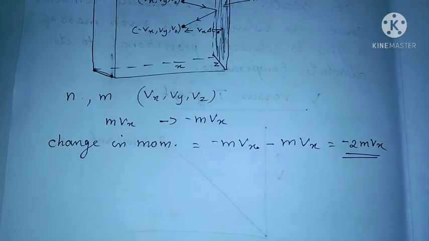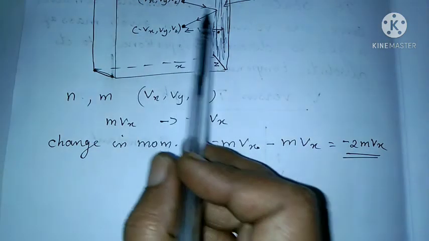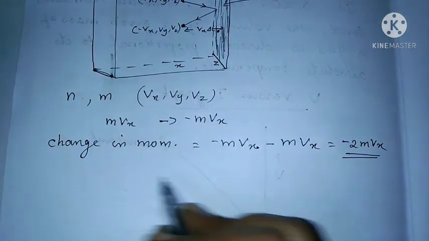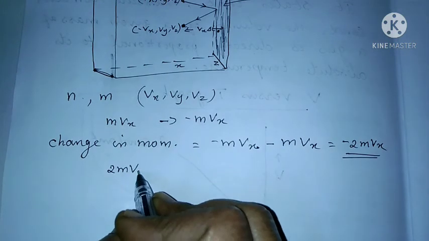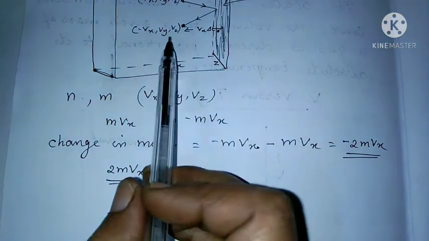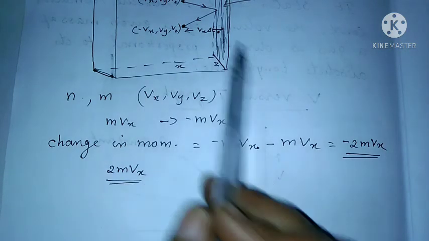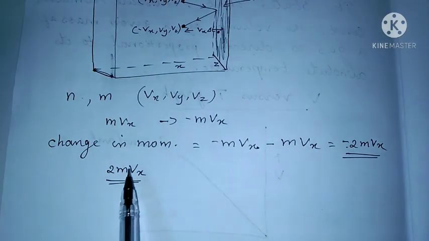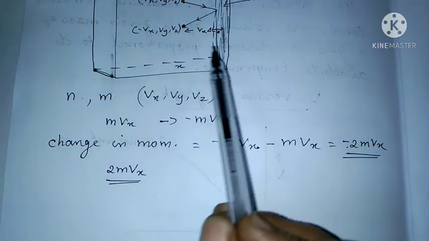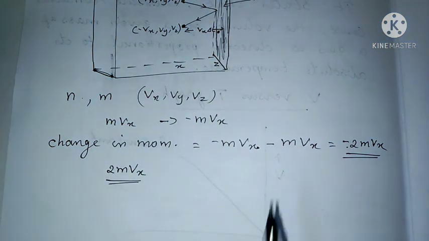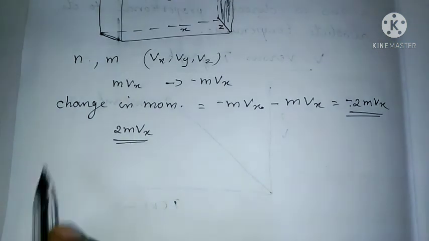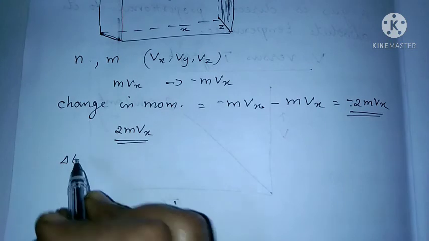As the collision is perfectly elastic, the same amount of momentum, 2mvx, is imparted to the wall in each collision. This is the momentum imparted to the wall in each collision, that is, 2mvx. Now consider a small time delta t.